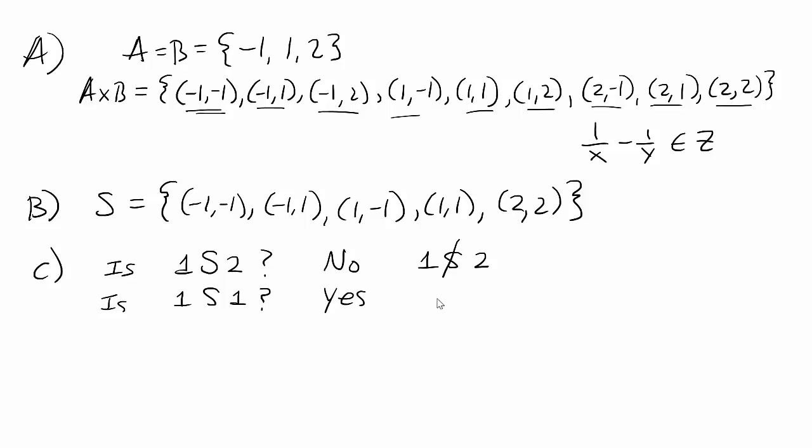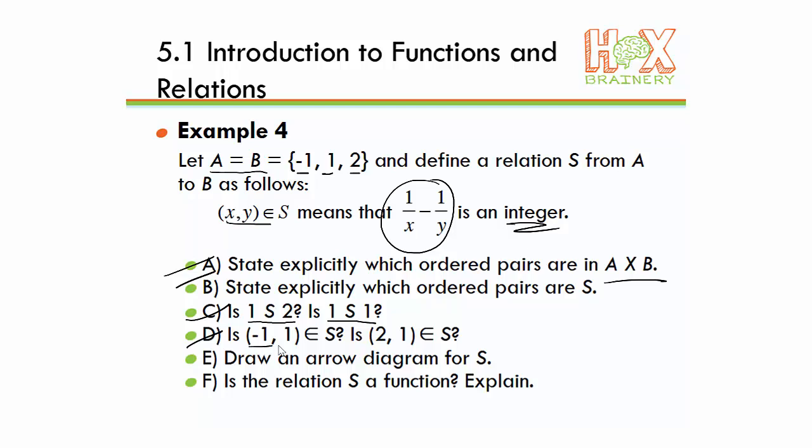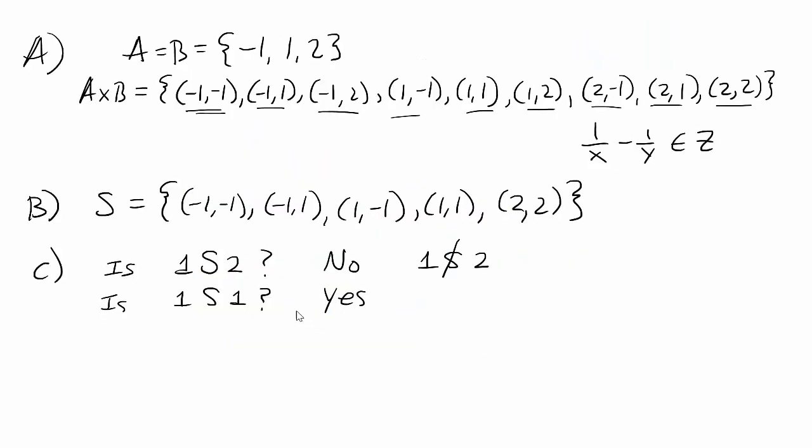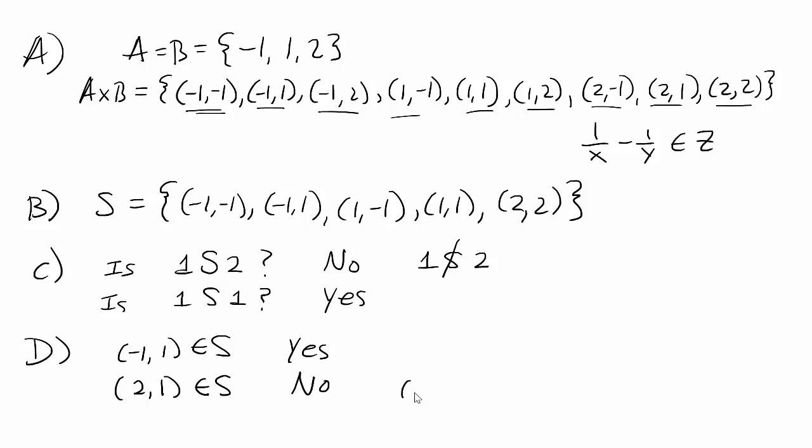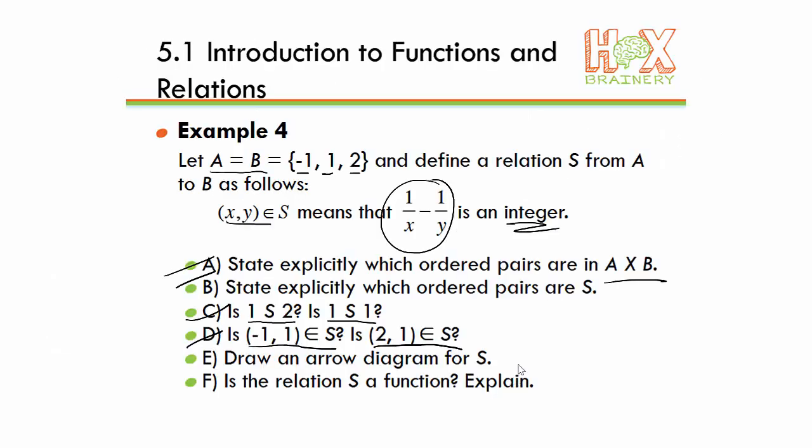Yes. 1 is related to 1. Part D: is the ordered pair -1, 1 in the relation S, and is the ordered pair 2, 1 in the relation S? So is -1, 1 in the relation? Yes. Is 2, 1 in S? No. So you can say 2, 1 is not in S. Put the slash through it if you want.